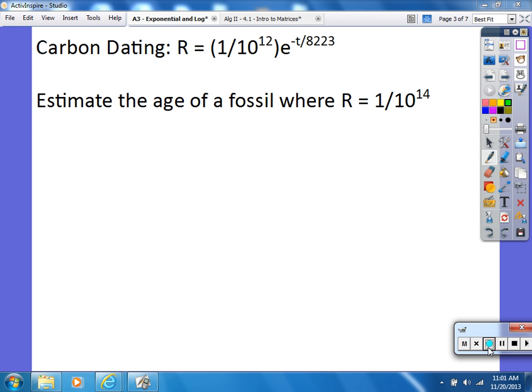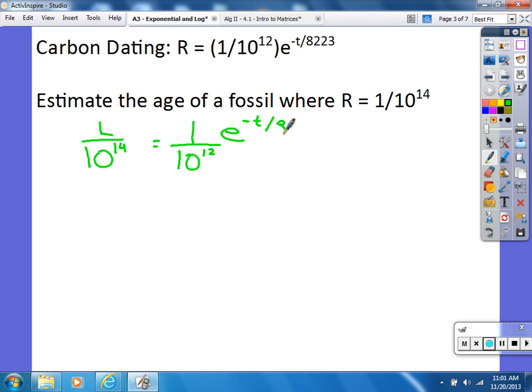So, what would I do with this problem to even begin it? I'm not going to teach it. I think you guys should be able to do this for me. Okay, I think the first step should be in R. Let's do that. So 1 over 10 to the 14th equals 1 over 10 to the 12th times e to the negative t divided by 8,223.